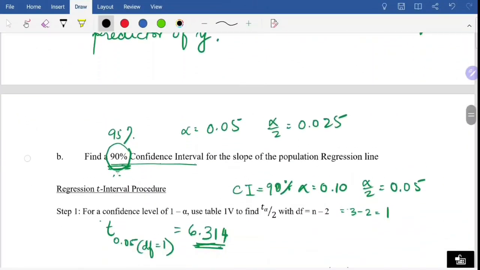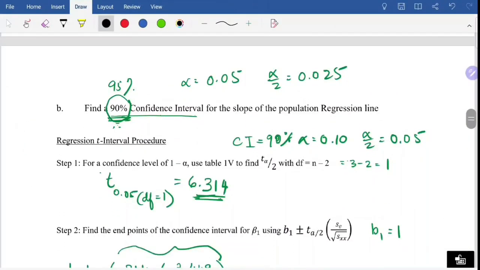The next part of this question says, find a 90% confidence interval for the slope of the population regression line. All right, so 90%, and I'm going to erase some of the stuff which looks confusing. All right, so the steps are given here. We are using a 90% confidence interval.